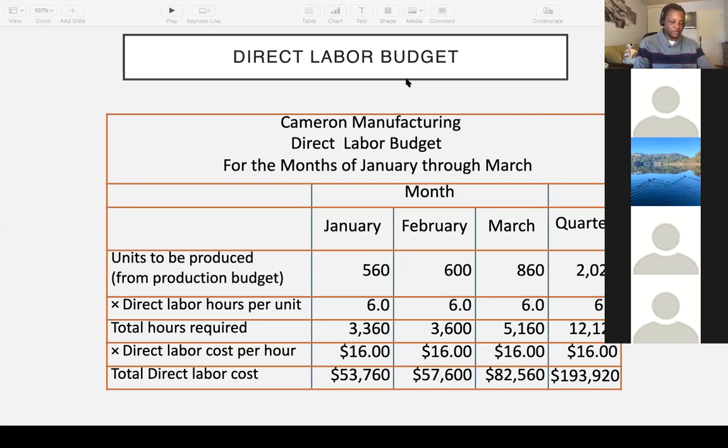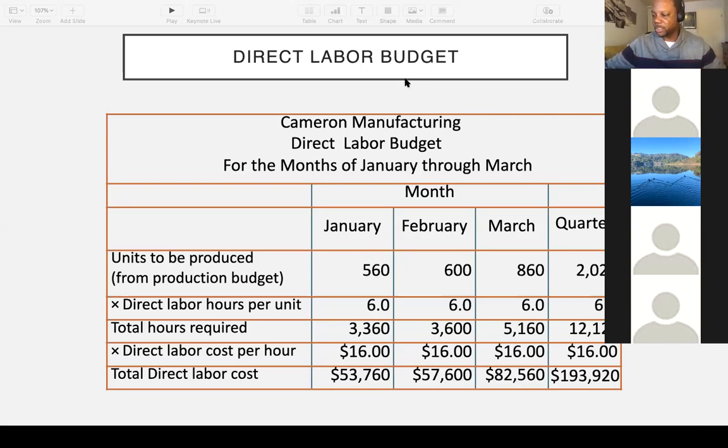So I've opened up the direct labor budget information. I'm going to move you all back into your groups so that you can start working on your direct labor budget. We've got another 15 minutes. It's going to take me about 5 minutes to get everyone back into their breakout rooms, but bear with me.